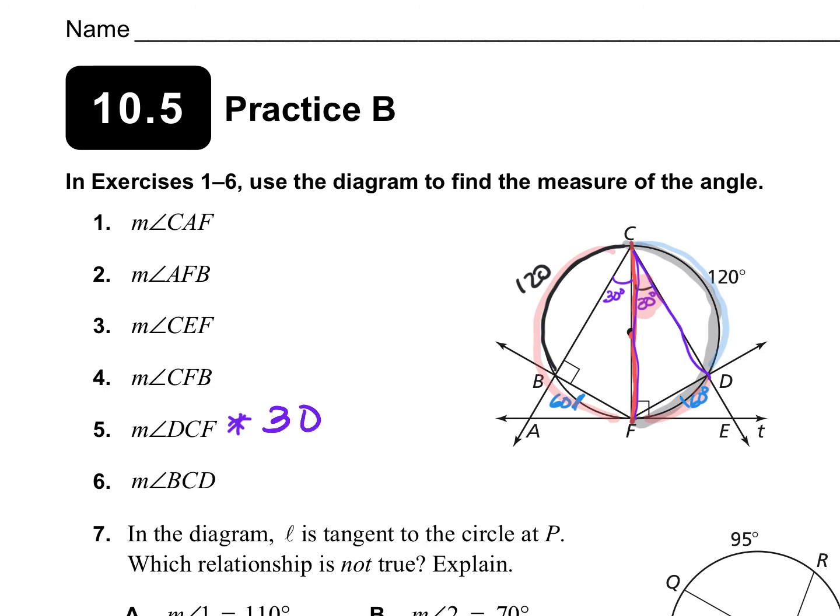Then if I wanted to find the other one with the C in the middle, let's see, BCD, this angle up here, BCD, I could just add the two 30s, and I got 60. And then from there, let's see what else we can find.